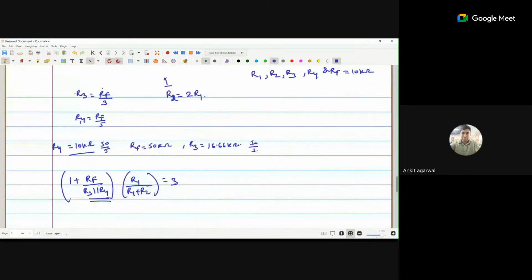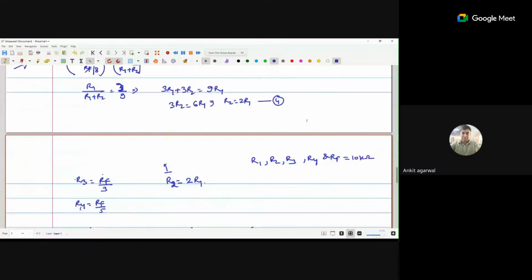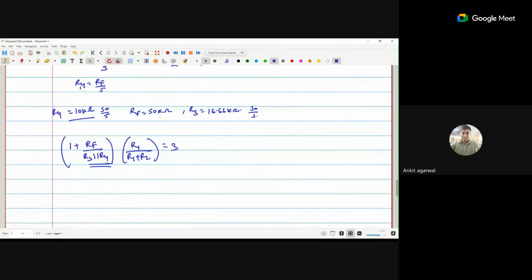We have to assume either R1 or R2. We have to assume R1 is also 10 kilo ohm because there is no relation between R3, R4 and RF with R1 and R2. Both are basically independent.